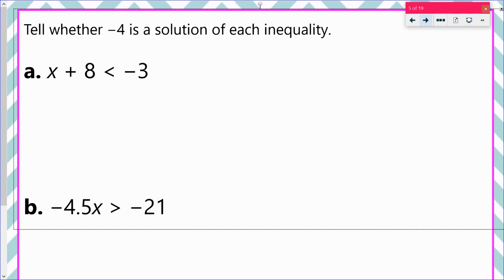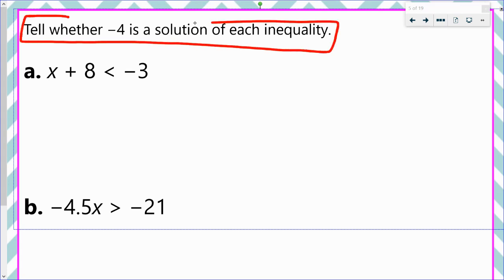So if we want to test a solution, okay, so we want to know whether -4 is a solution to each of these inequalities. So what I'm going to do, pretty much the same with systems, we would substitute in the numbers and see if it's a true statement, if it works. So I'm going to replace the x with -4 plus 8 is greater than -3.